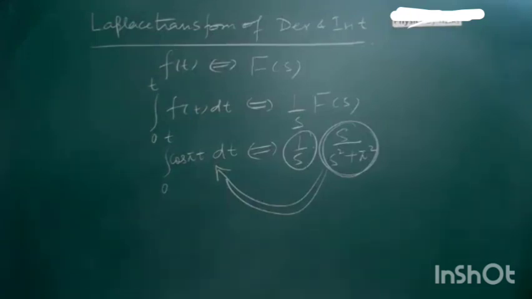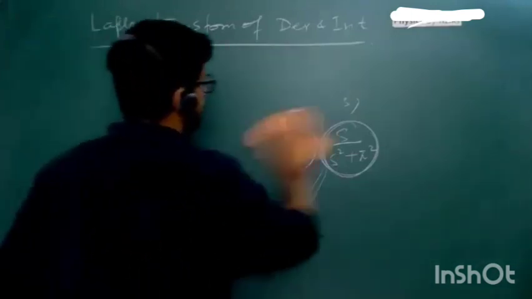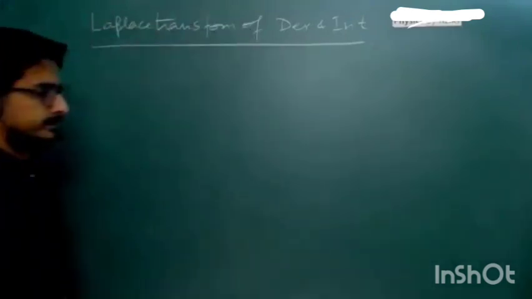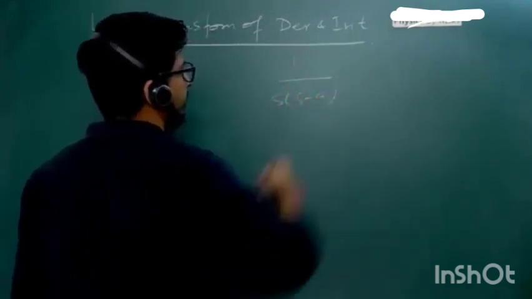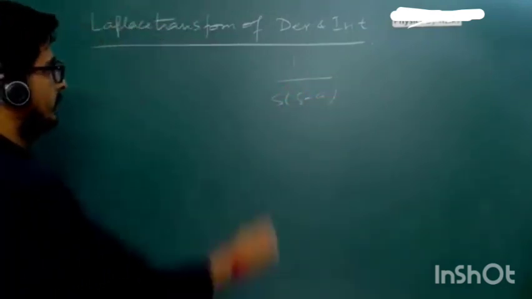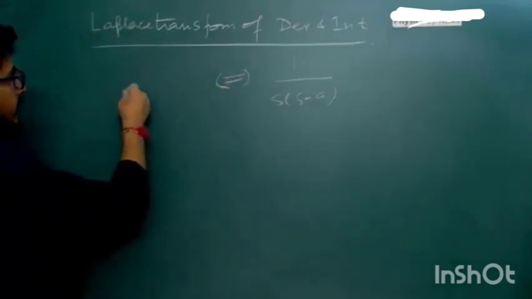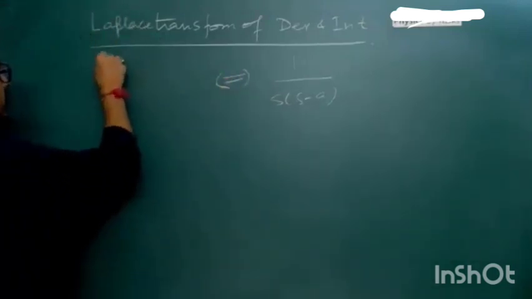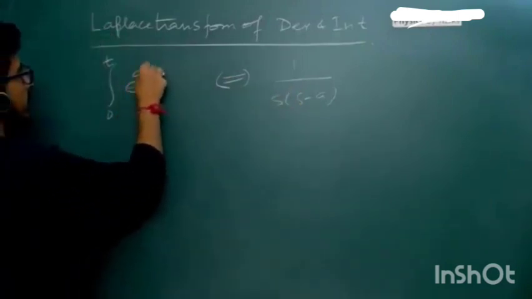So suppose you have this question, 1 over s minus a. You want the inverse Laplace of this. So on this side you will write the integral from 0 to t of e to the power at, dt.